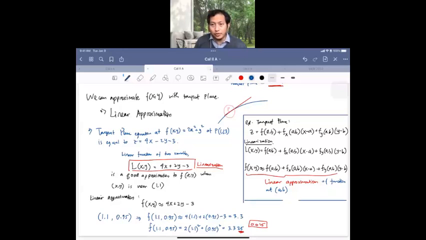If you want to evaluate the value, then we need to take a point nearby the point that we are going to calculate, and set up a point that is easy to calculate within the tangent plane. And then by doing that, we can use the tangent plane.